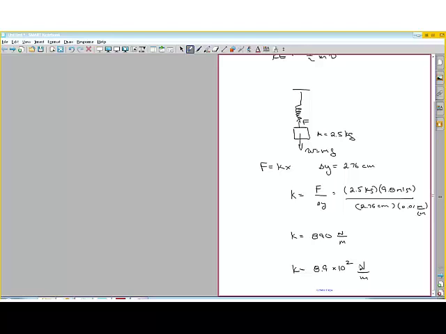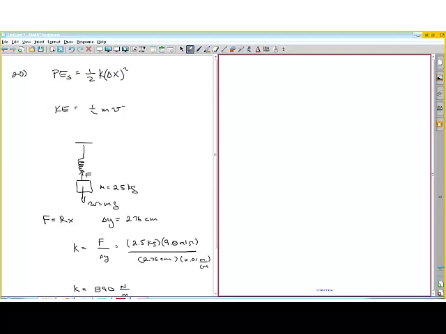If the 2.5 kilogram object is removed, how far will the spring stretch if a 1.5 kilogram block is hung on it? So this relationship still applies, but you can solve for delta x in this case because they're asking how far.